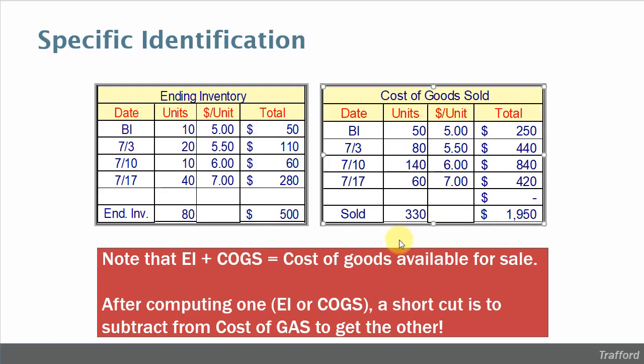And, as hoped, 500 plus 1,950 is 2,450. Total cost of goods available for sale. Now, an easy way to get the 1,950 would have just been to take the 2,450 minus the 500. But doing it this way, we have a good sense that we haven't messed something up in our computations. It's a good double check to do both of these.